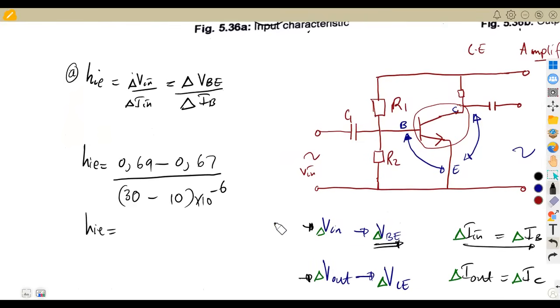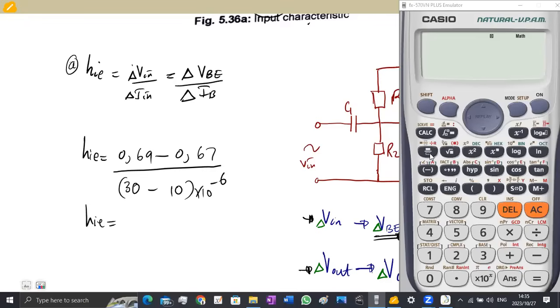impedance in this case. So, all right, let us just see on our calculator, what are we going to have for this input impedance. All right, so that is going to be 0.69 minus 0.67 over, just open a bracket, that's 30 minus 10 like this, close the bracket, times 10 to the exponent of -6.